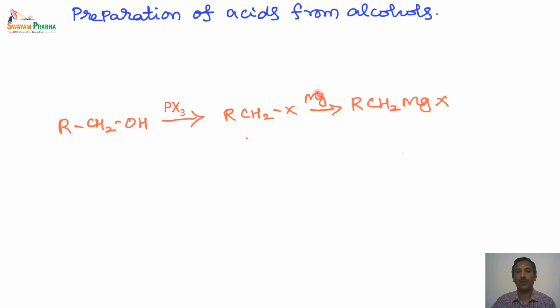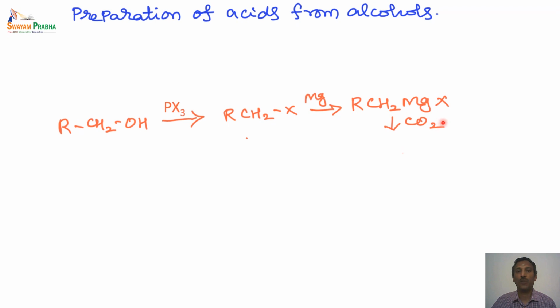So treatment of magnesium with alkyl halide in the presence of dry ether produces the corresponding alkyl magnesium halide. So this alkyl magnesium halide can be treated with carbon dioxide gas. Generally in this particular reaction, carbon dioxide gas is not used, actually dry ice.